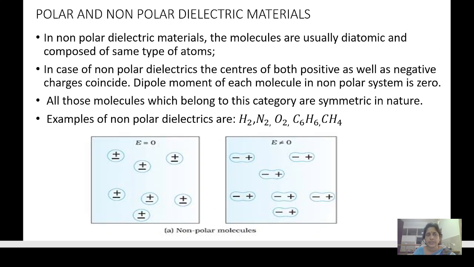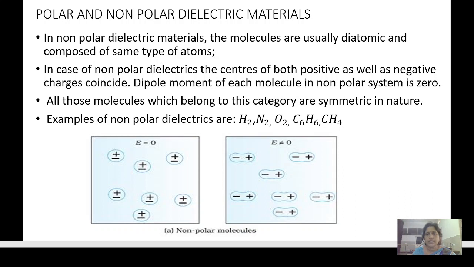In non-polar dielectric materials, the molecules are usually diatomic and composed of the same type of atoms. In non-polar dielectrics, the centers of both positive and negative charges coincide.